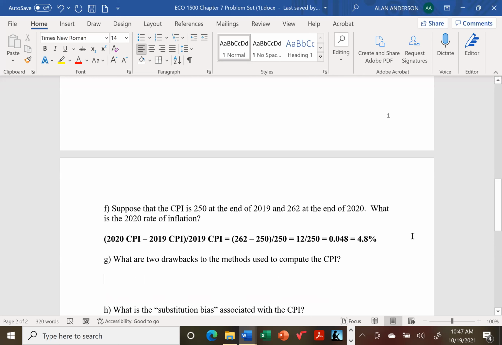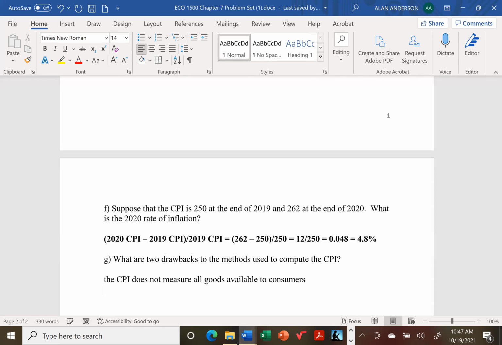Now, what are the two drawbacks to the methods used to compute CPI? Number one, well, actually, there's more than one again, but I'll list the ones that we have. The CPI does not measure all goods available to consumers. There are new goods that did not make their way into the basket.